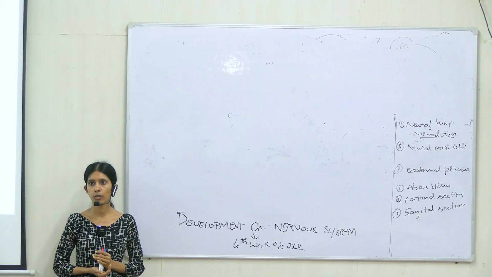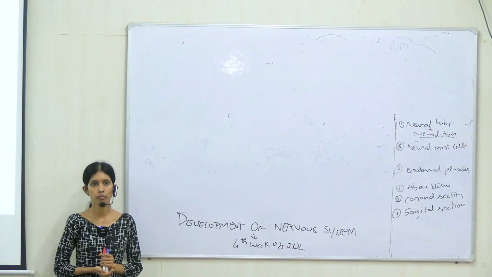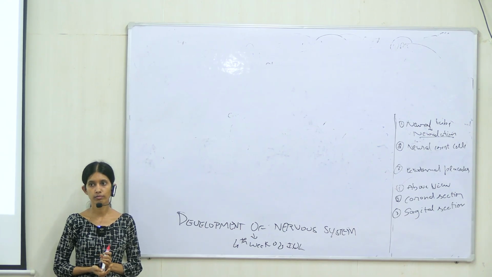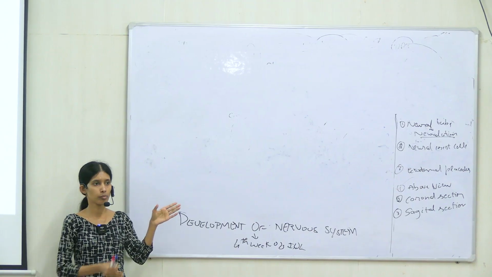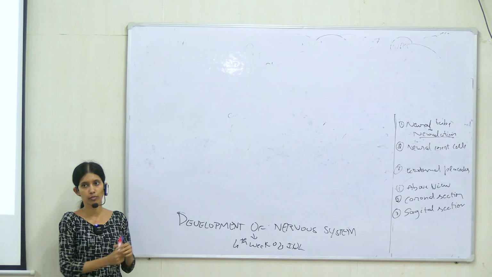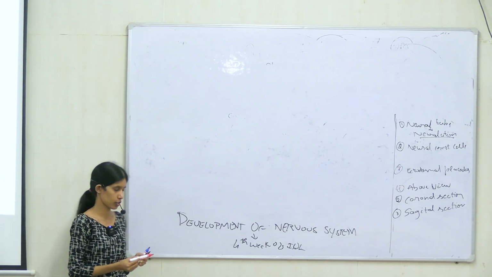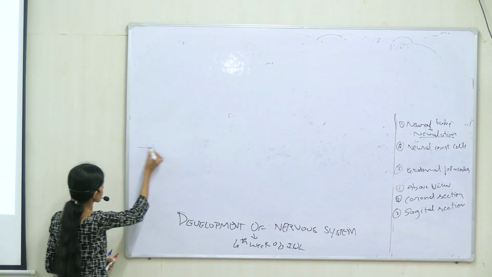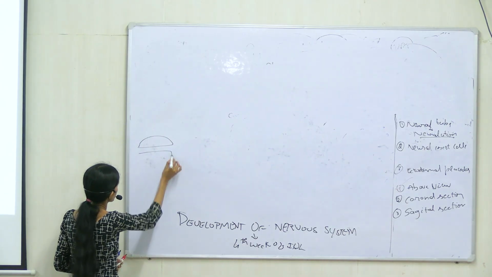How do we take the coronal section of an embryo? If this is an embryo, we are going to cut like this and we will see it from the front view. That is called the coronal section. Once we take the coronal section, this is how the structure will look.